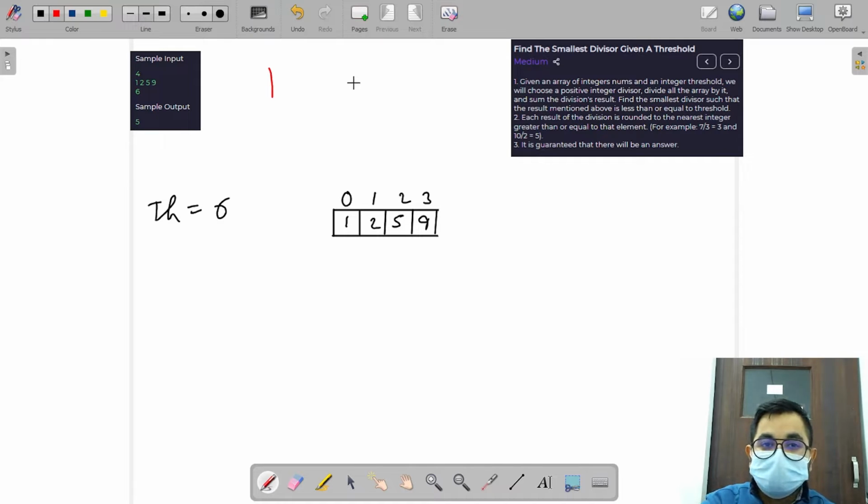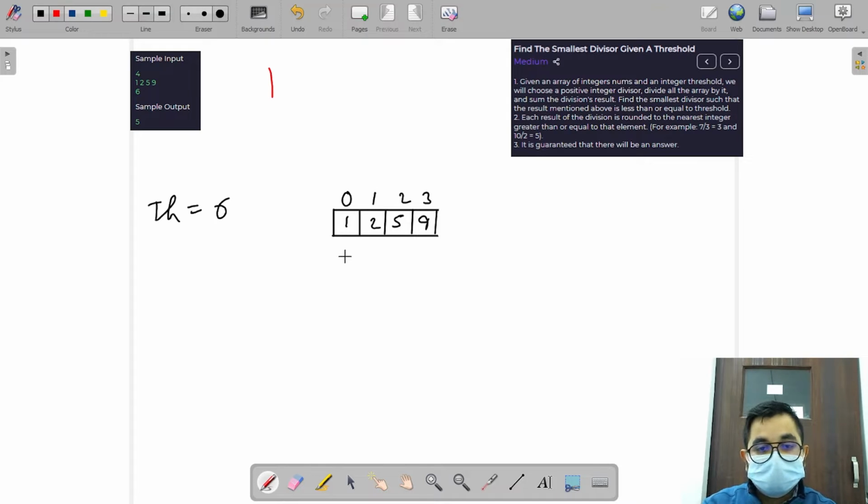You can try to do that and Java is going to give you an error. Java and C++ and all the other languages. It doesn't matter what language you choose, this is always going to give you an error that division by 0 is not possible. Okay, so let's start with 1.